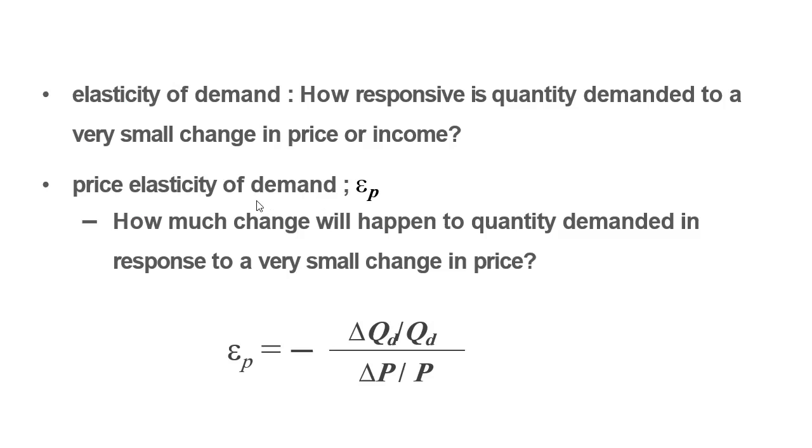Price elasticity of demand: how much change will happen to quantity demanded in response to a very small change in price. So we have the change in quantity demanded over the average quantity demanded, over the change in price over the average price.